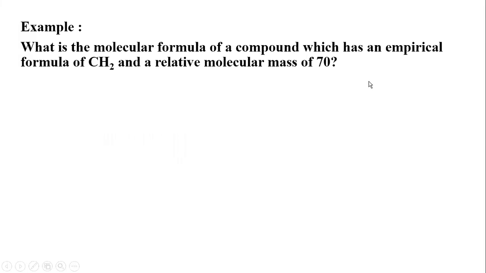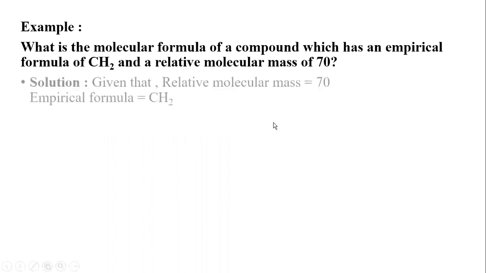Let us understand the molecular formula and empirical formula with the help of an example. What is the molecular formula of a compound which has an empirical formula CH2 and a relative mass of 70? So it is given that the molecular mass is 70 and the empirical formula is CH2.